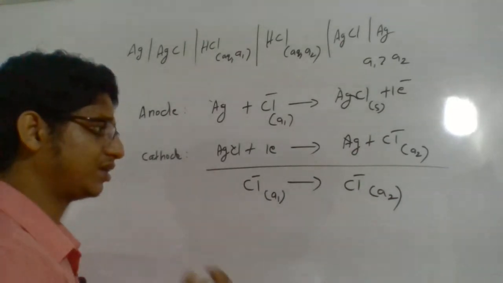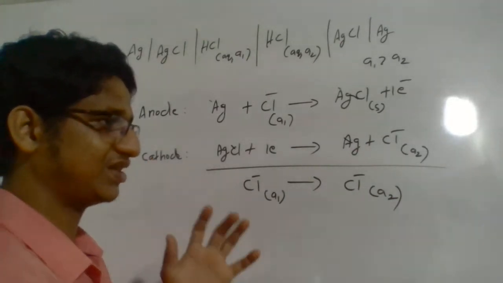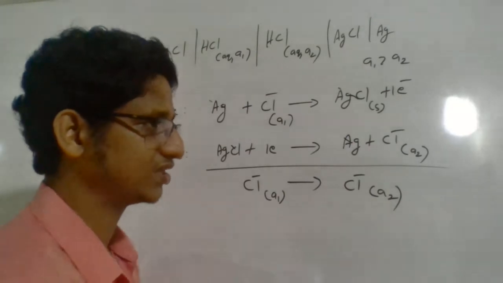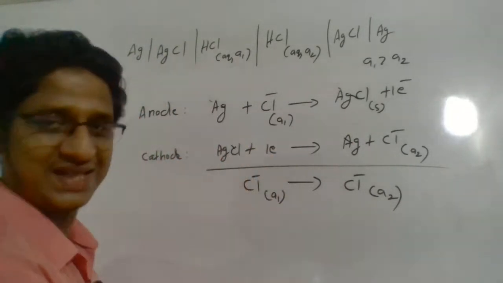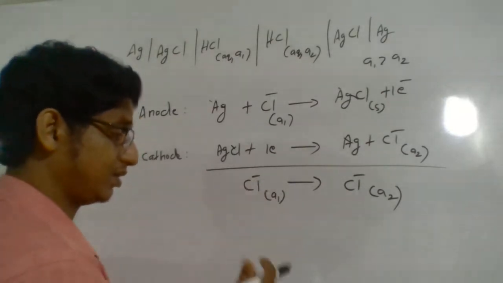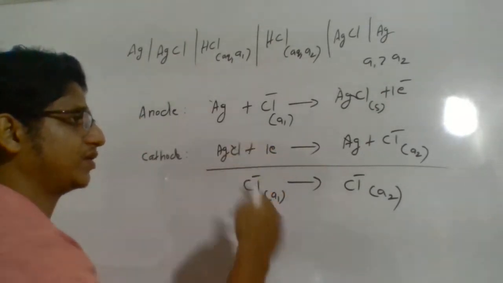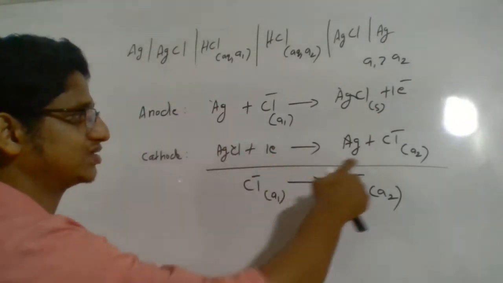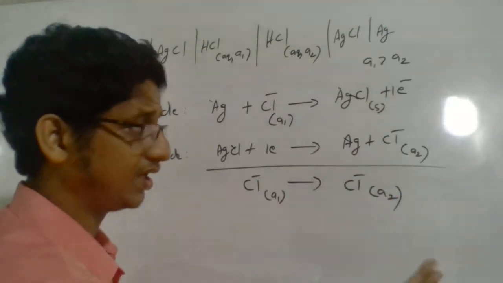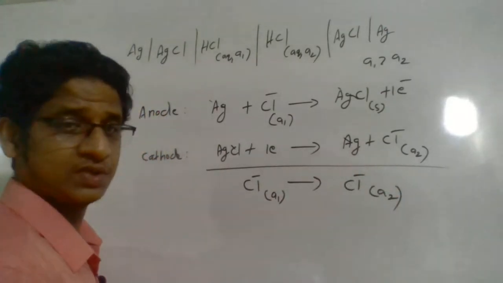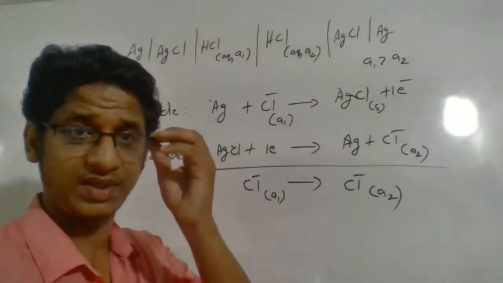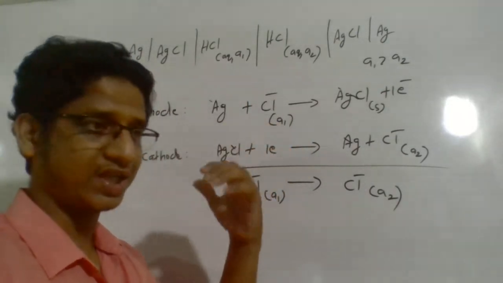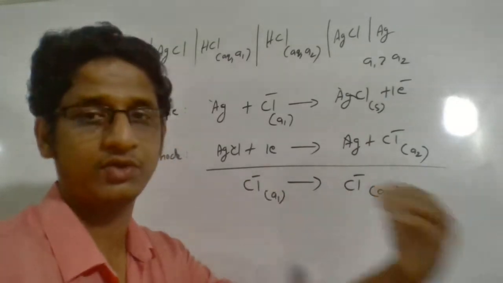Now let us think. This is an electrolyte concentration cell with transference, which means you imagine the Cl minus concentration is going to decrease at the anode because it's consumed at the anode, and the Cl minus concentration will be higher at the cathode. Which means that where the Cl minus concentration is less, the H plus ion concentration will be higher, at the anode. So H plus ion will be moving from anode to cathode.